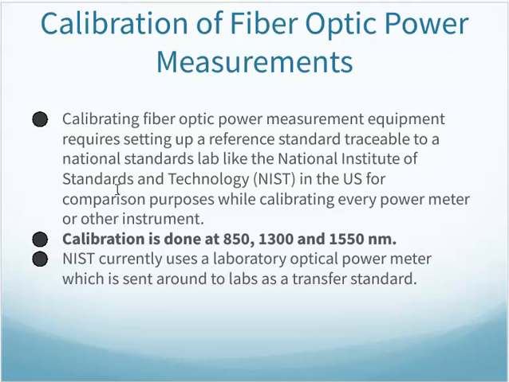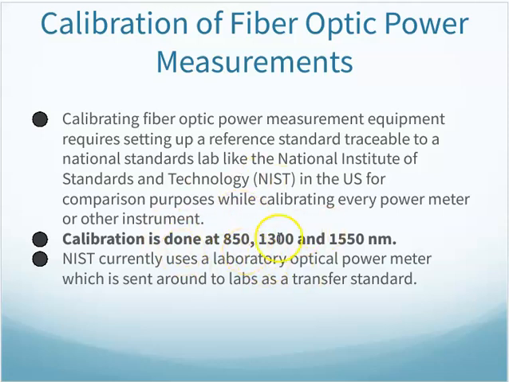Okay, calibration of fiber optic power measurements. You typically need to calibrate your power meter to a known good cable. We have a reference cable we use, and you would calibrate to the wavelengths of light you would be using. We're going to test in the 850 and 1300 range on our multimode fiber.